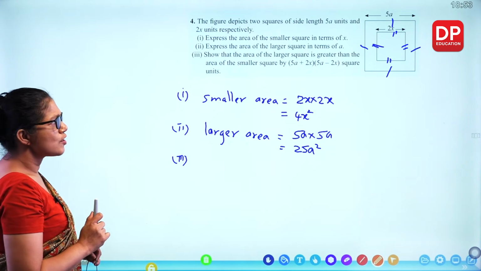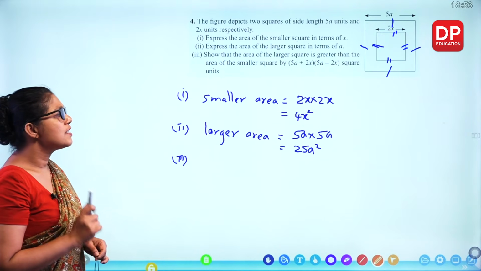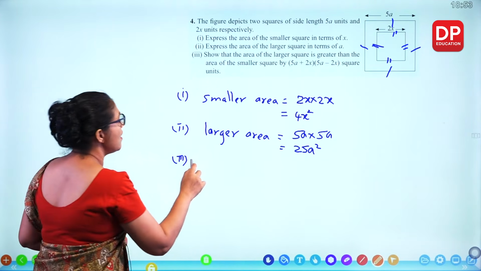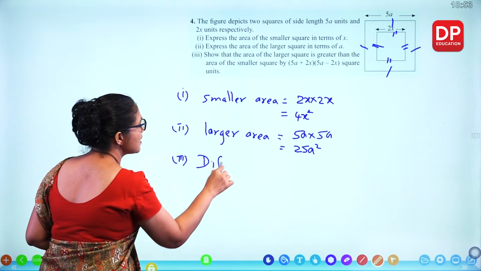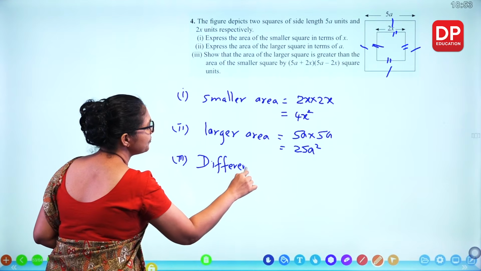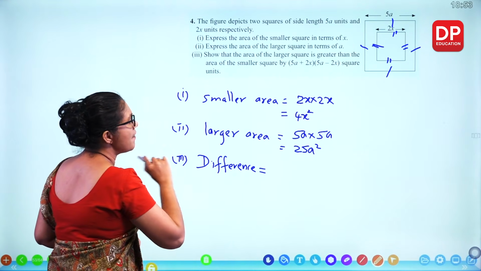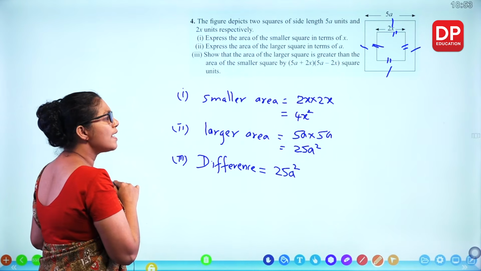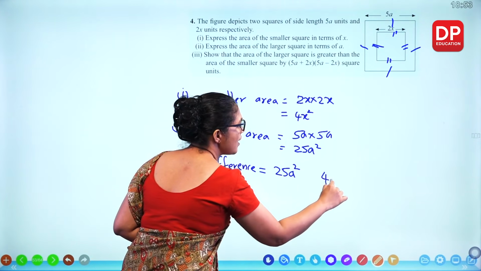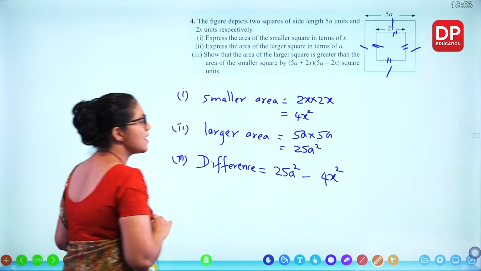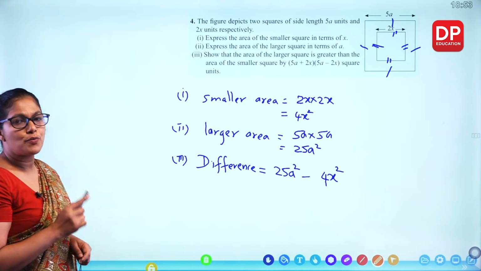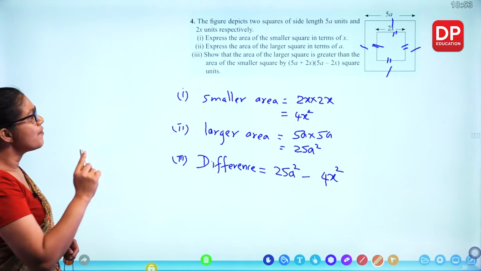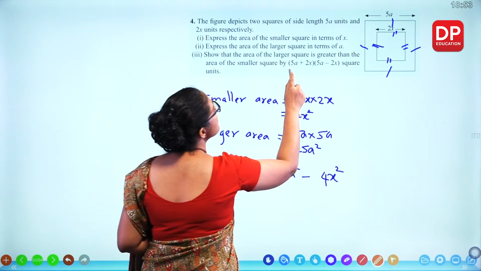So that means actually we have to take the difference. So here when you take the difference, what you get? Bigger area is 25a squared. What's the smaller area? 4x squared. So they are asking take the difference between these two and write in terms of this.